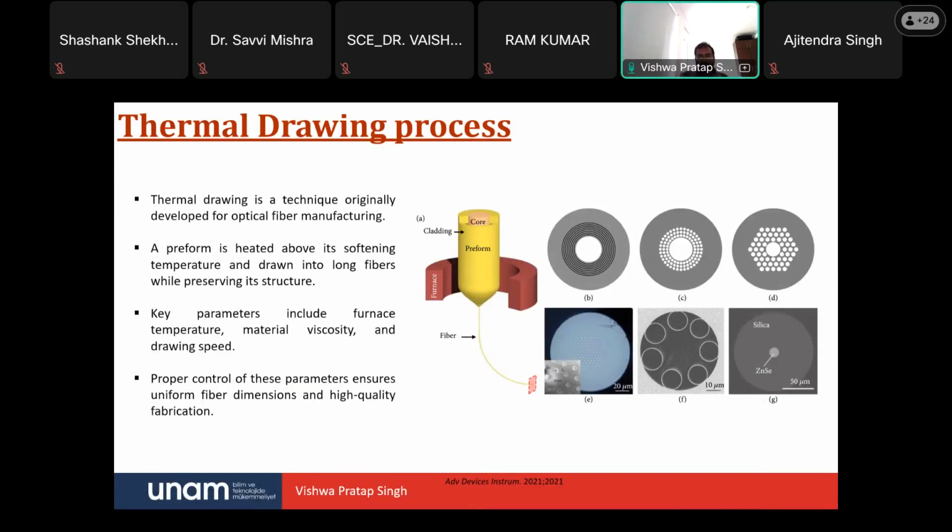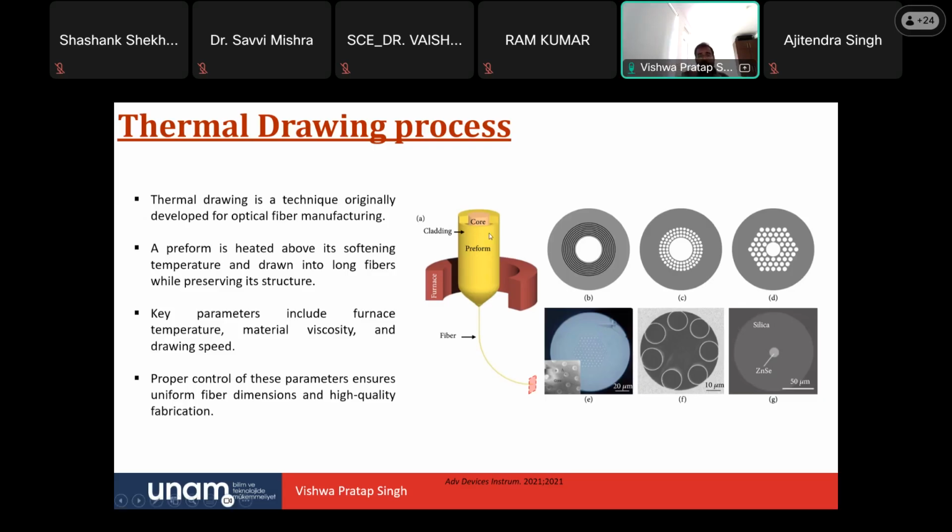I have the structure of this thermal tower, I will show you in the upcoming slides. So what we do, we need to make a preform, whatever type of device we want, and we put this preform over a particular furnace, and then we heat the furnace.